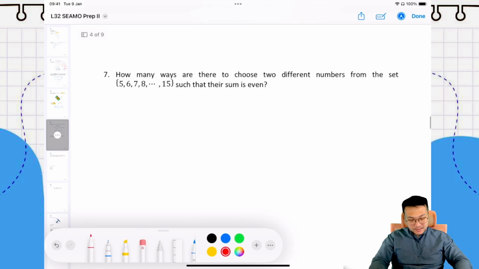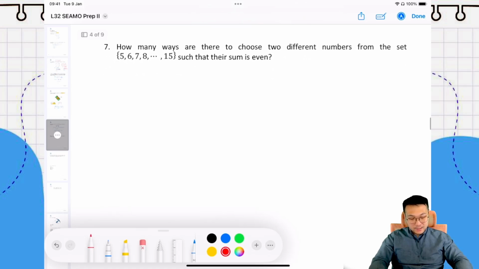Alright. Let's take a look at question 7. How many ways are there to choose two different numbers from a set of 11 numbers here, such that the sum of these two numbers is even? Remember what we talked about just now? We talked about choosing. Remember n choose r?